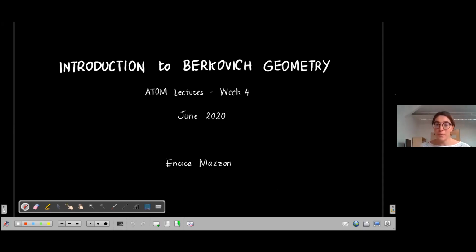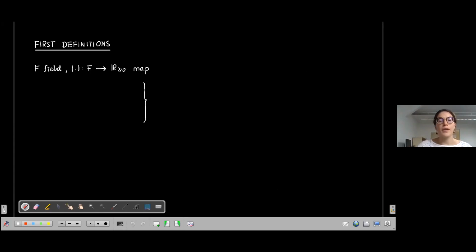Since a Berkovich space, as we will see, is a space whose points are semi-norms, let me start by recalling the definition of a semi-norm. So we fix F to be a field, and we say that a map will be for us a semi-norm if the following conditions are satisfied.